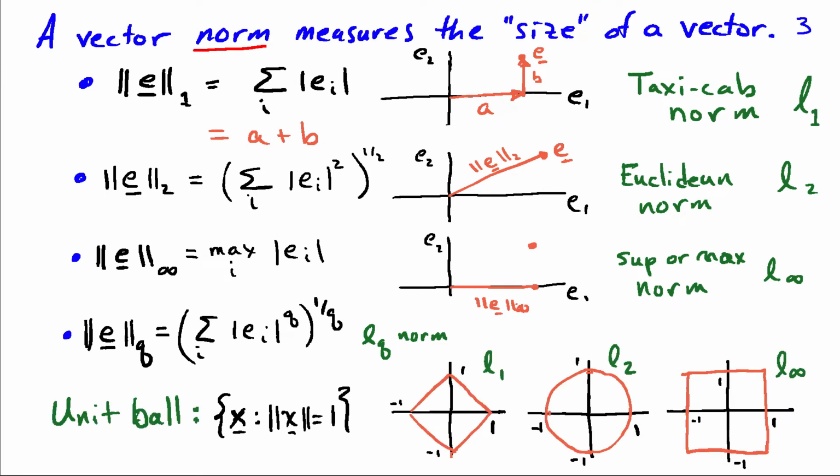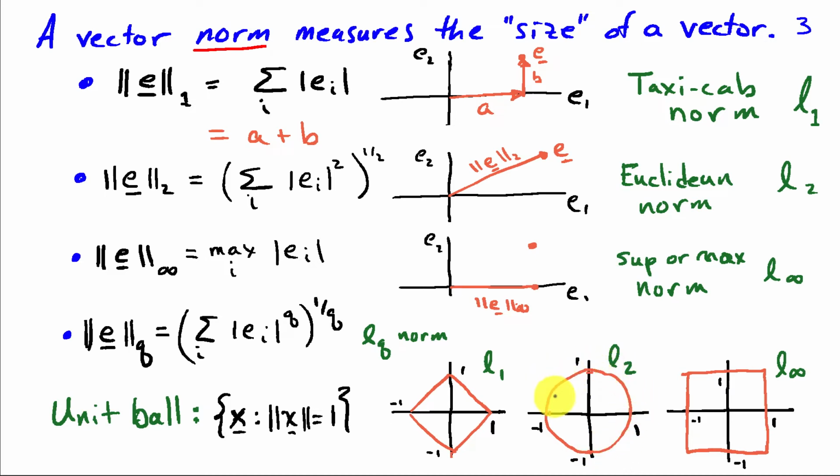Now it's useful to think about norms geometrically in addition to how they measure distance in the coordinate space. It's useful to think about what's called the unit ball. This is the set of all vectors, say x, which have unit norm. The 2 norm ball is just the set of all vectors x where the sum of the squares is 1. That describes a circle.